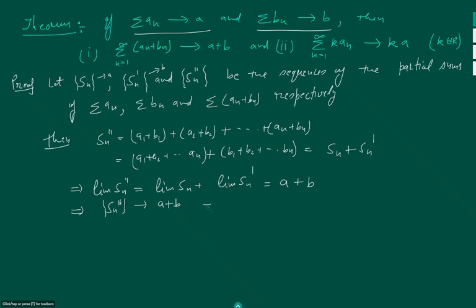This implies the series An plus Bn converges to A plus B. So we have proved the first part.